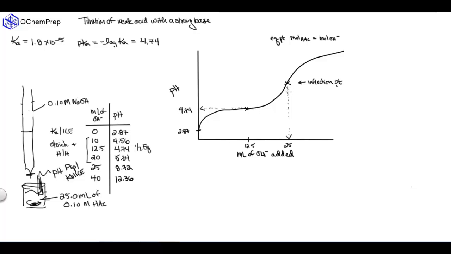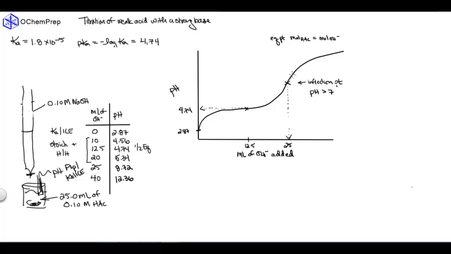You use your equivalence point to find your half equivalence point, which is 4.74 for acetic acid. At the equivalence point for a weak acid titrated with a strong base, you're going to have a pH greater than 7 because we have a weak base in solution.